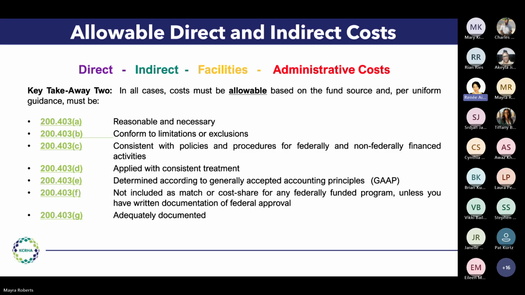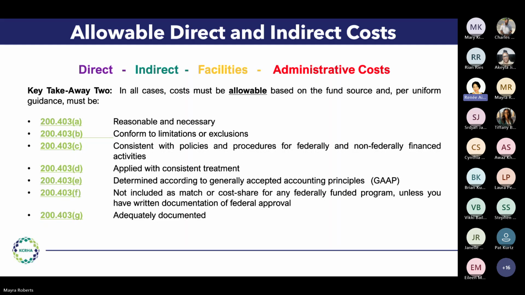So I want to note that even though we're seeing federal regulations here, this is true for all fund sources, right? So there are non-federally financed activities or non-federal fund sources. Those cost principles still apply. Reasonable and necessary, conform to any limitations or exclusions, must be consistent with policies and procedures for the applicable fund source.